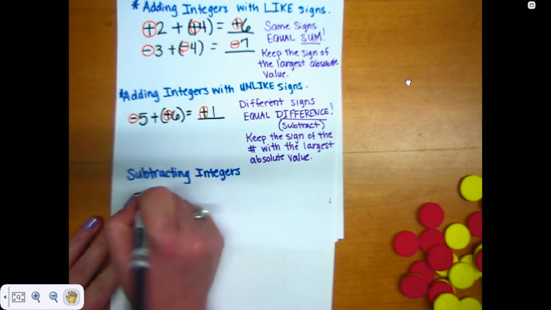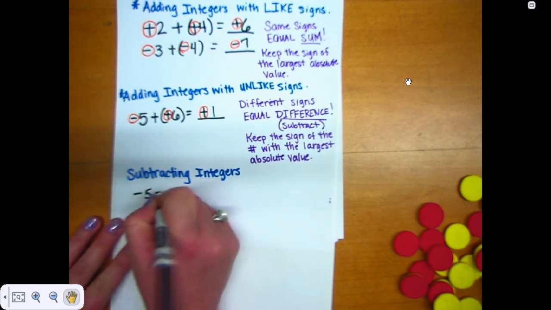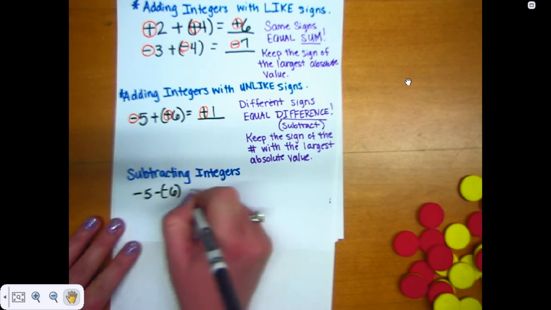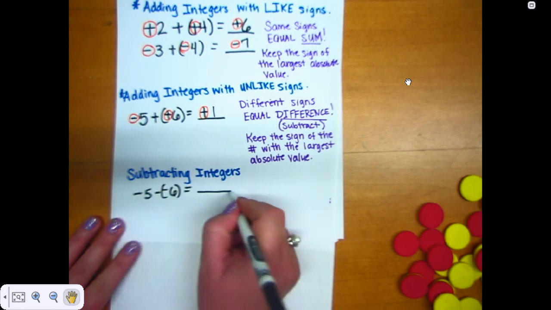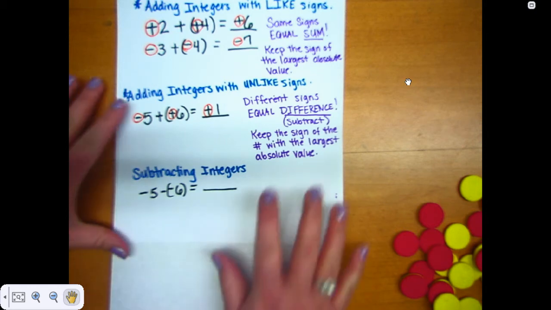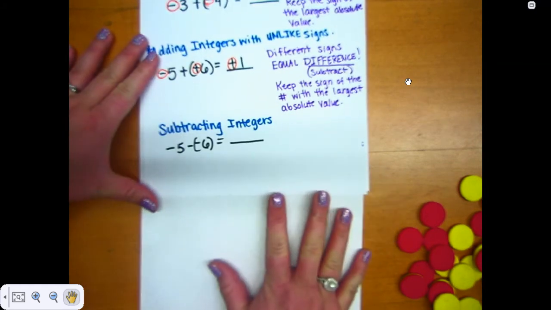Let's do -5 minus -6 equals. -5 minus -6. So what would that look like with counters?